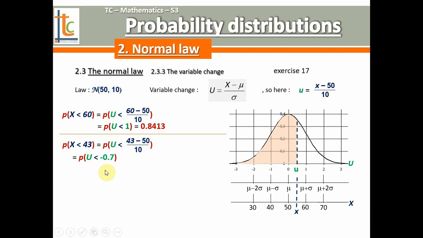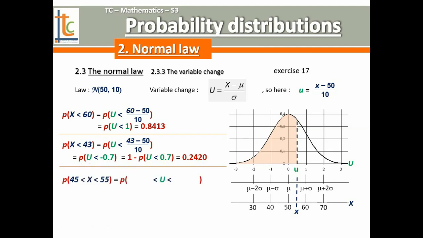And then you have to apply a second transformation: P is transformed into 1 minus P. So this probability is equal to 1 minus P(U < 0.7). This second probability can be read and the calculation can be finished, and leads to the result 0.242.